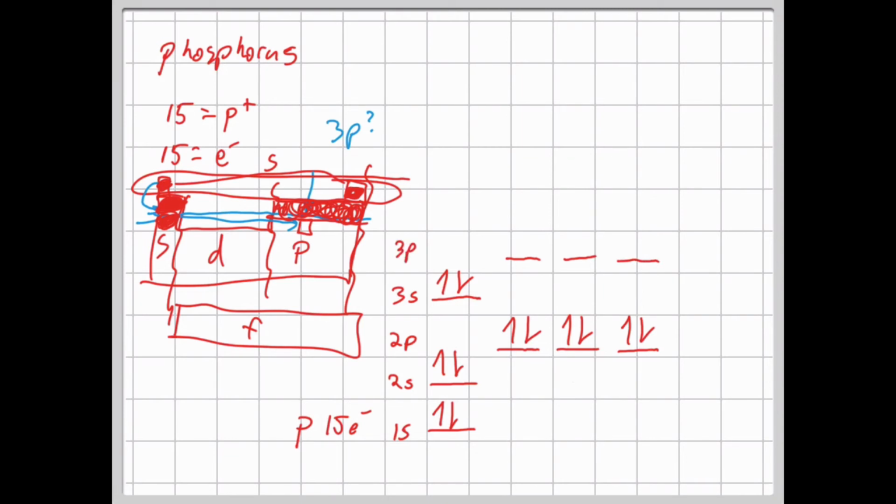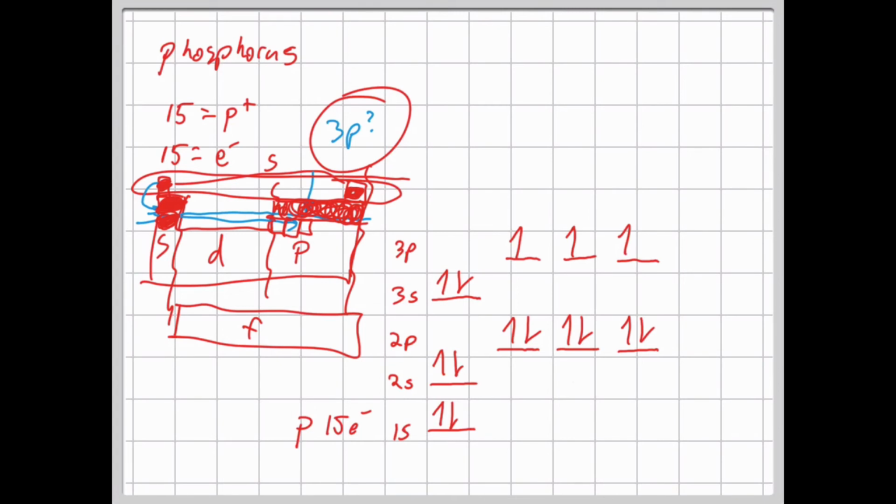Now 3p for phosphorus, we counted it out. It was the third one. 1, 2, 3. I told you before it's going to end in 3p, and here it ends in 3p with 3 electrons. So that is how the electrons fill the energy levels.